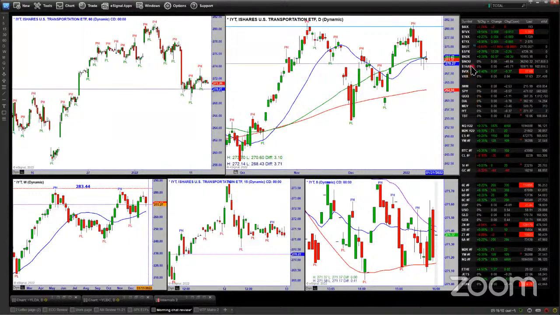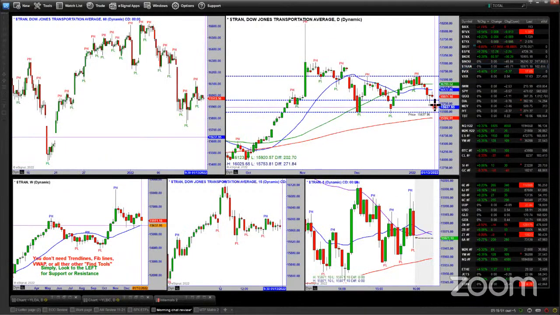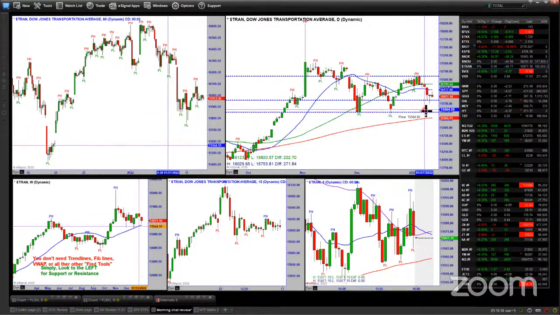And again, this looks like a measured move lower if it breaks below here. So there's a lot of different moving parts to keep an eye on, and that is the way things are when you're at kind of an inflection point. It's like, what piece of information will help me or you decipher the next direction?